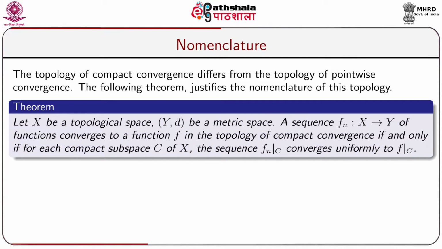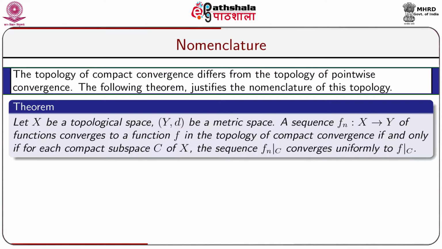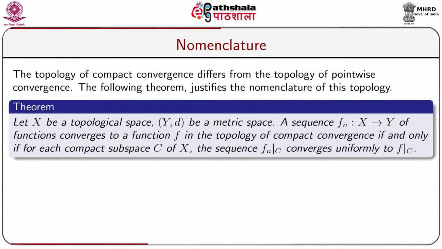The topology of compact convergence differs from the topology of pointwise convergence, which will be clear from the following discussions. But the following theorem of course justifies the nomenclature of this topology.